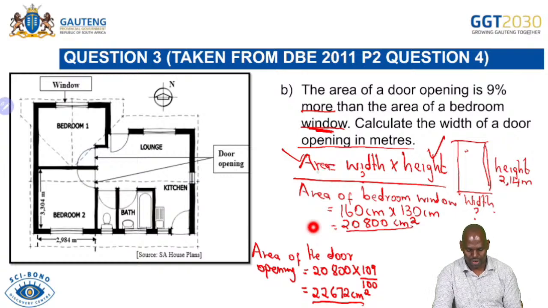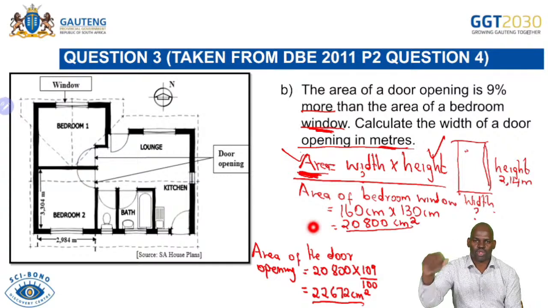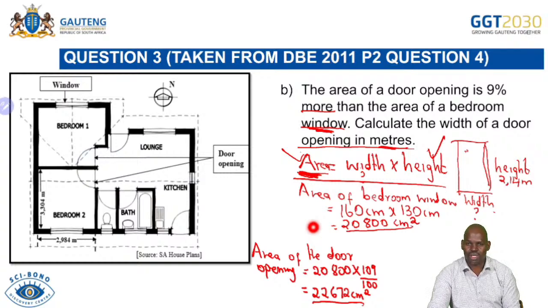Now we need to be careful. We've got the area in centimeters squared, and we've got the height, which is in meters. Again, they say the width of the opening must be in meters. It means we also have to make sure that our area is in meters squared, not in centimeters squared. Now the question is, how do we convert from centimeter squared to meter squared?